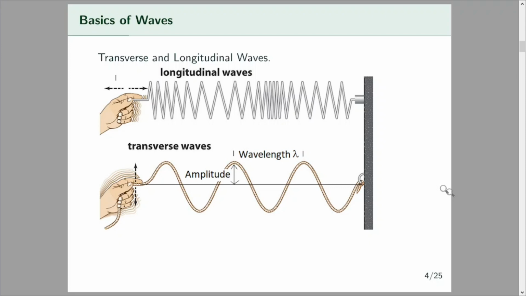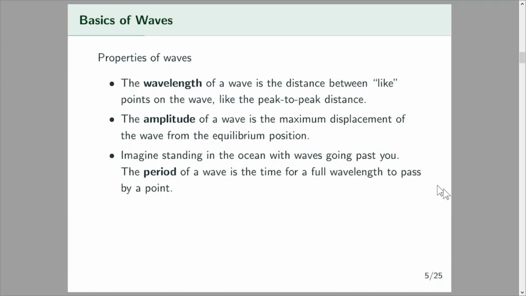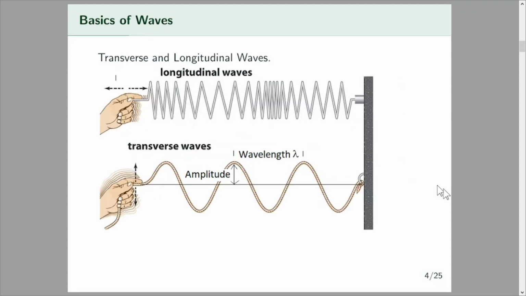So let's look at some properties of waves. The wavelength of a wave is the distance between like points on the wave. So the distance between peaks. So let's look here. And we can see that the wavelength, lambda, is depicted as the distance between successive peaks.